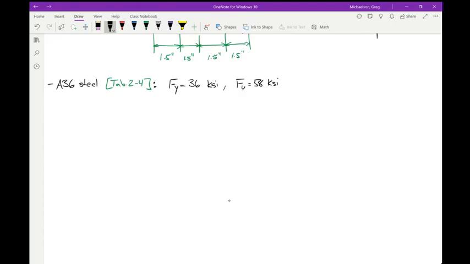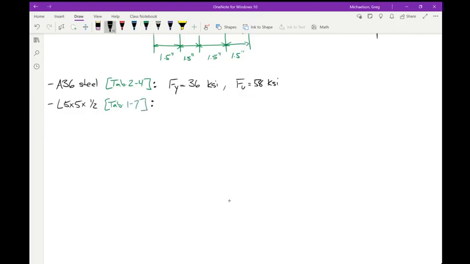Now, the next thing, we're going to need some properties for the shape. This is an L 5 by 5 by 1/2. Let me put a reference there. That's going to be in Table 1-7.